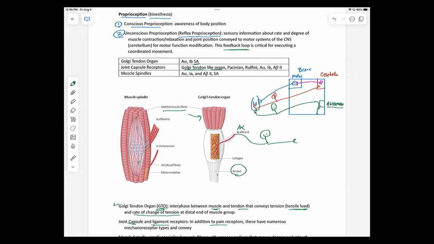It's similar to the Golgi tendon organ, except it's embedded in areas around the joint capsule. You have Pacinian corpuscles, Ruffini corpuscles, and these are a collection of A alphas, 1B, A betas, 2. So they are coming out in terms of the joint capsules. So it's a mix of fibers, all of them pretty fast, to let you know what's going on if we're talking awareness.